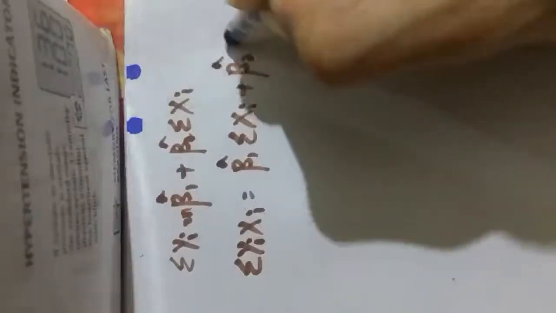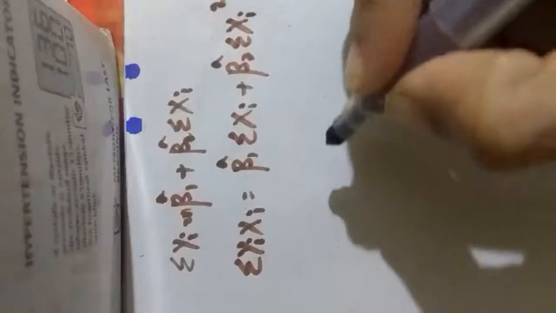So my first normal equation is summation yi is equal to n times beta 1 hat plus beta 2 hat summation xi, and my second normal equation is summation yi xi is equal to beta 1 hat summation xi plus beta 2 hat summation xi square.